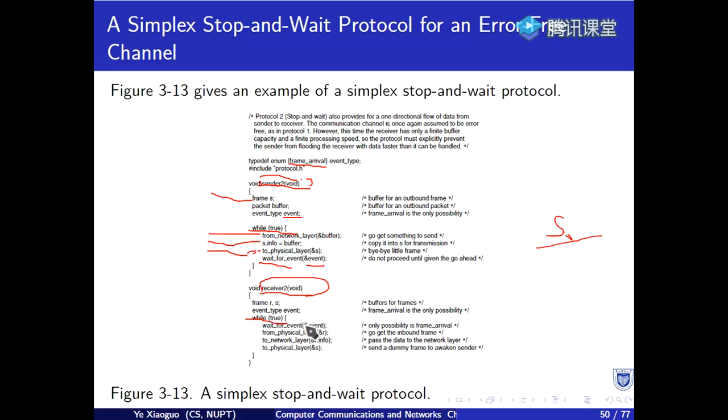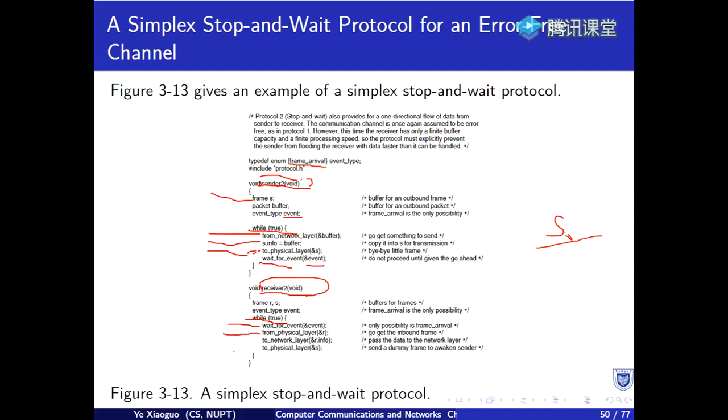The event frame arrival means a frame arrived at the receiver, a new packet arrived. So wait for a new packet to arrive from the sender.